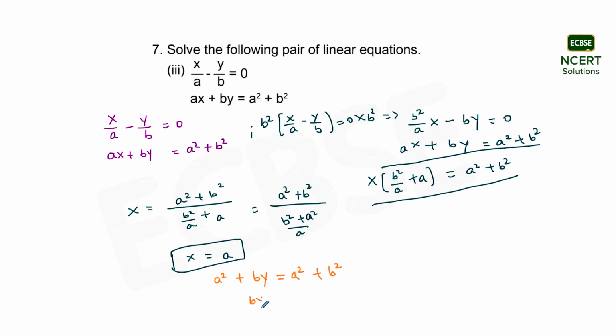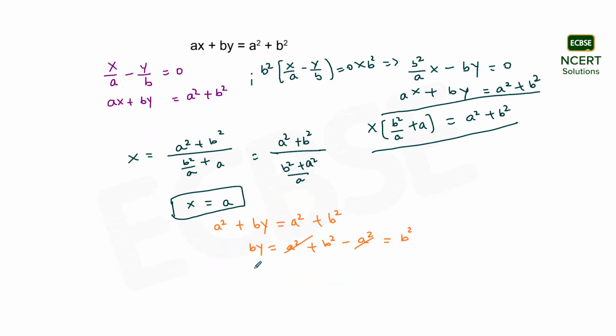Or I can write it as by is equal to a square plus b square minus a square, which is equal to b square, because these two terms will cancel out. Right. And from here, y comes up to be equal to b square divided by b, which is definitely equal to b. So now I have obtained the value for the variable x as well as for the variable y, which is a and b respectively.